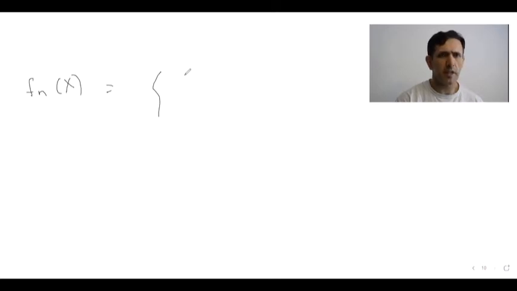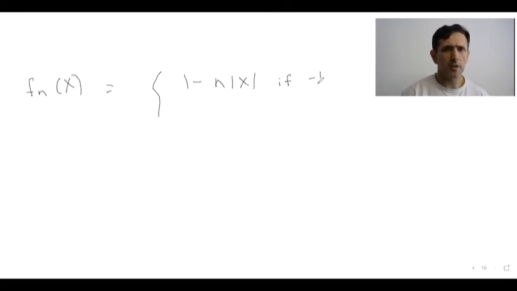I'll draw a graph in a second: 1 minus n times the absolute value of x, for x between minus 1 over n and 1 over n, and 0 otherwise.